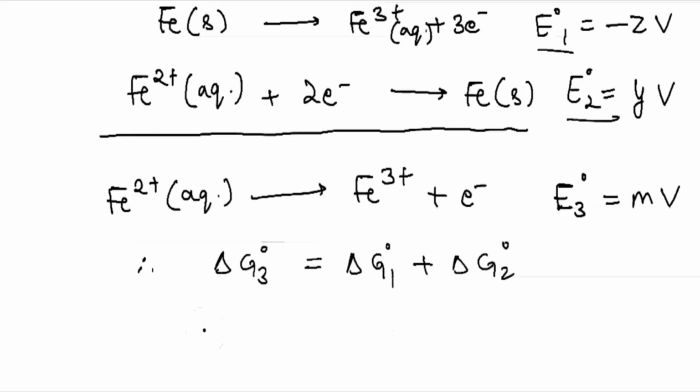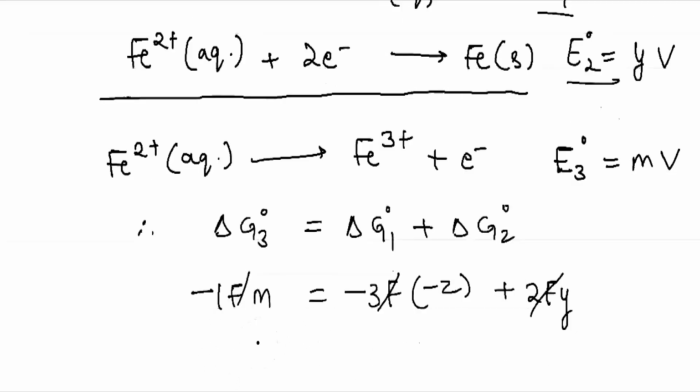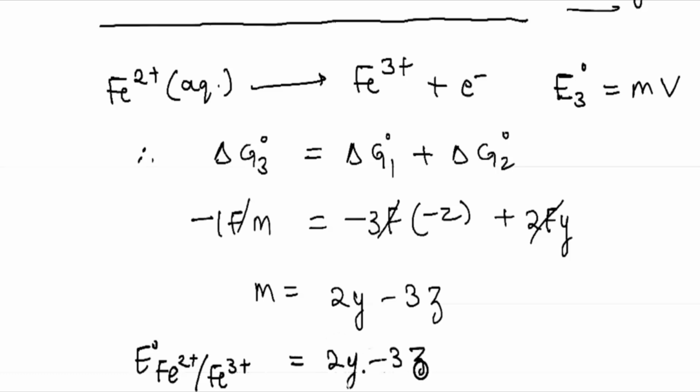So therefore delta G3 naught is equal to delta G1 naught plus delta G2 naught. Delta G3 naught is equal to minus 1 F m, delta G1 naught is equal to minus 3F times minus Z, plus delta G2 is equal to minus 2Fy. So now we can cancel F with F. So from here m is equal to 2Y minus 3Z. So now we got E naught value for Fe2 plus converted as Fe3 plus is equal to 2Y minus 3Z volt.